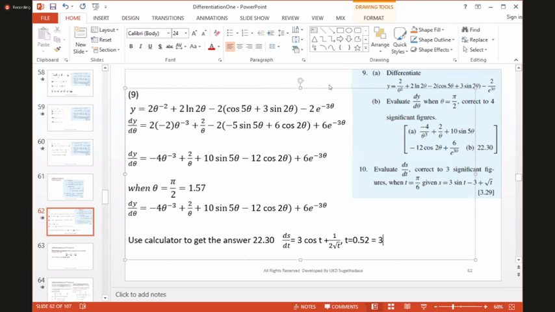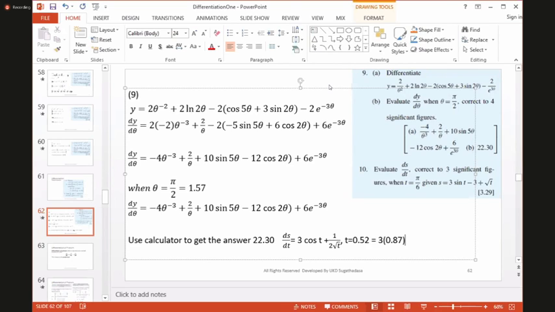If you can see the calculator, cos 0.52 value is 0.8 something. Can you see? I just write the value. Cos t is 0.87 to two decimal places, right?